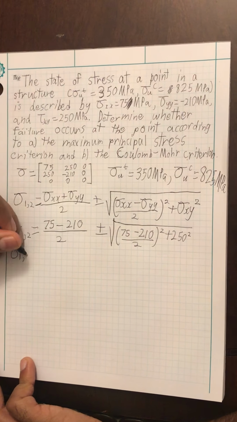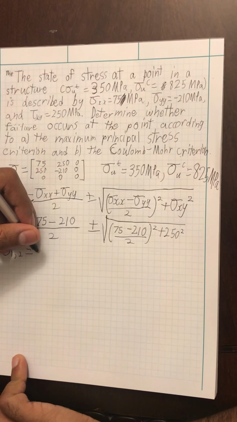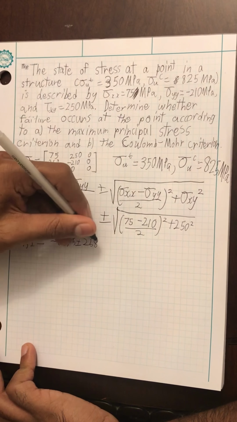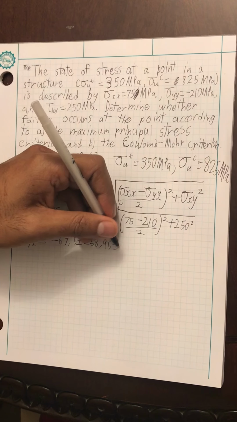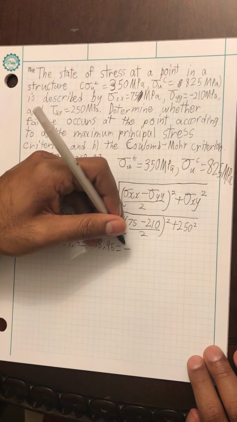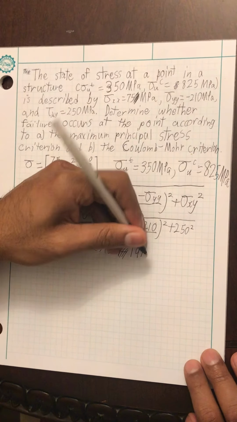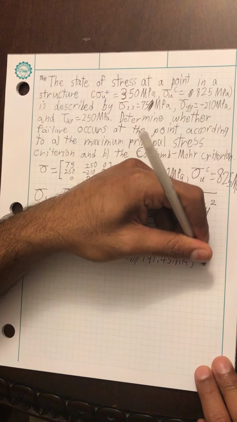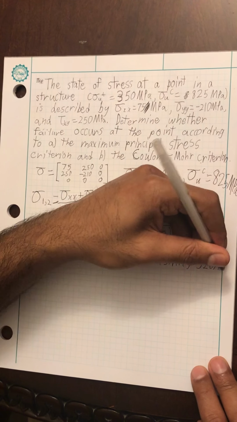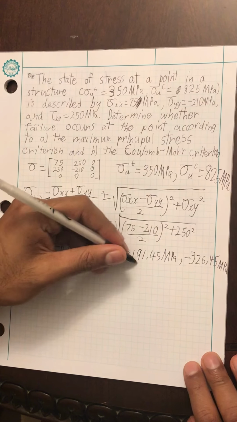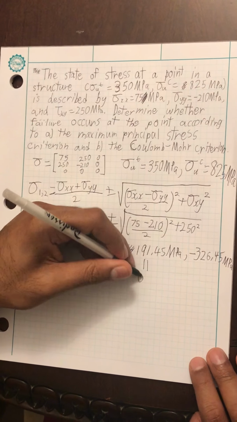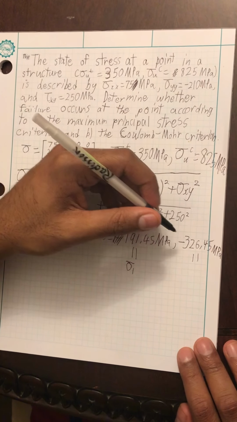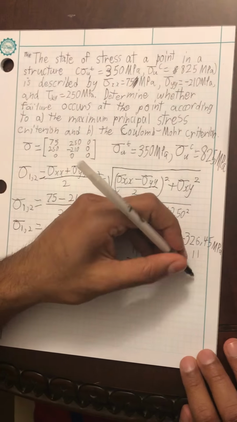So sigma 1, 2 ends up equaling negative 67.5 plus or minus 258.95, which ends up equaling 191.45 megapascals and negative 326.45 megapascals. So 191.45 megapascals is equal to sigma 1, and negative 326.45 megapascals is equal to sigma 2.